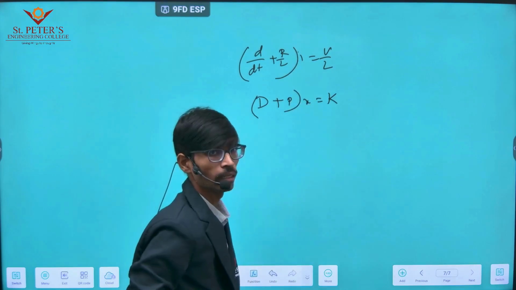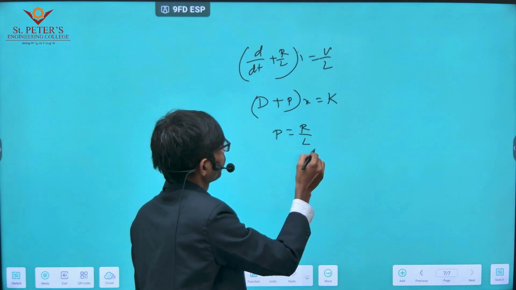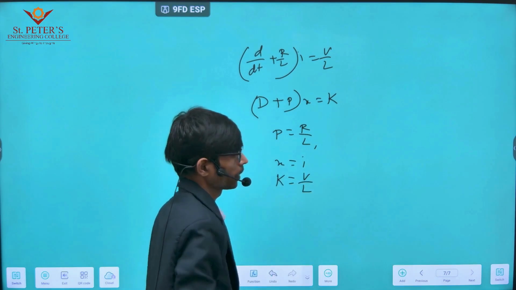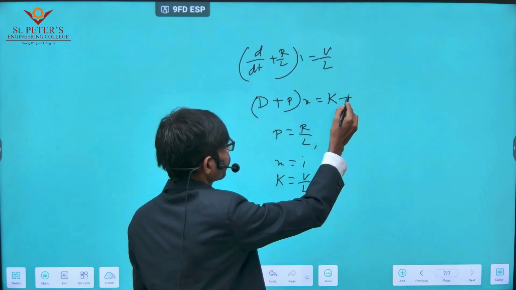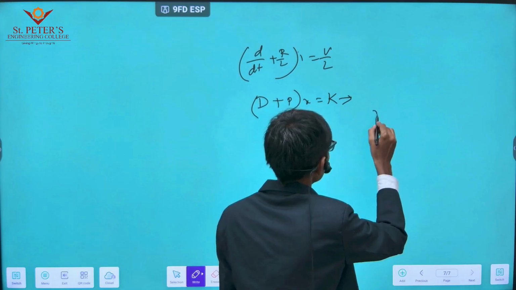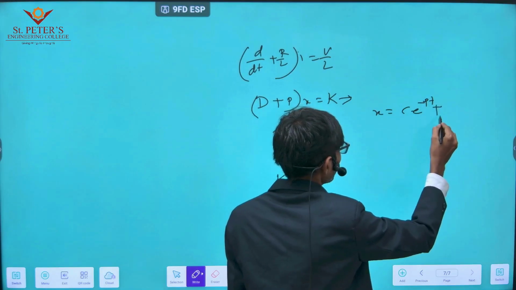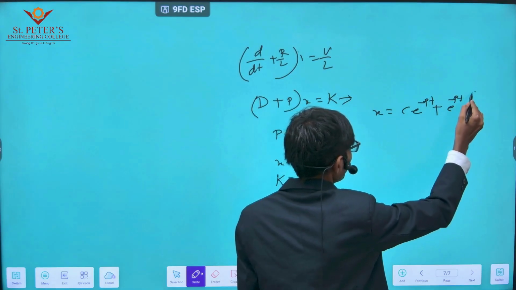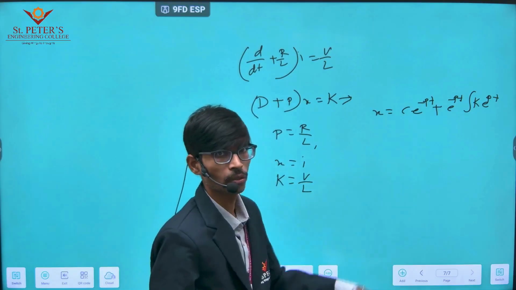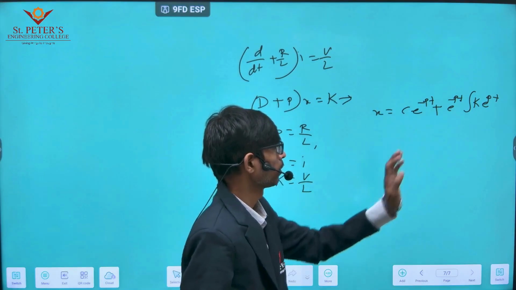Equating both, we get p equal to R by L, x equal to I, and k equal to V by L. The solution for this non-homogeneous equation is x equal to c e to the power of minus pt plus e to the power of minus pt integral of k e to the power of pt. With this solution, substitute R by L, x equal to I, and k equal to V by L in this formula.